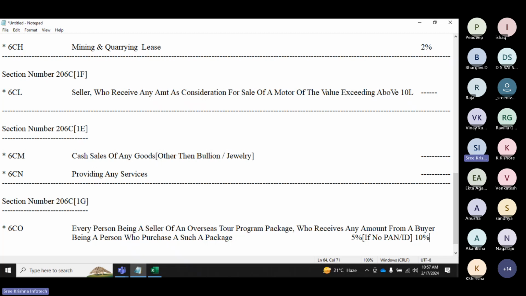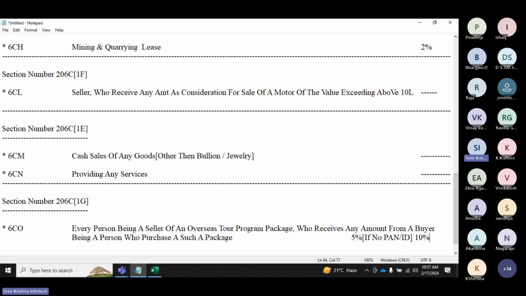ఎలా అంటే, 6CO యాక్ట్ ఏంటి అంటే, నాన్ రెసిడెన్షియల్ పర్సన్స్ ఎవరైనా విజిటింగ్ పర్పస్ కోసం టూర్ ప్యాకేజెస్ తీసుకుంటే on that we will apply 6CO Act in TCS 206. 206C Act is one of the 1G.